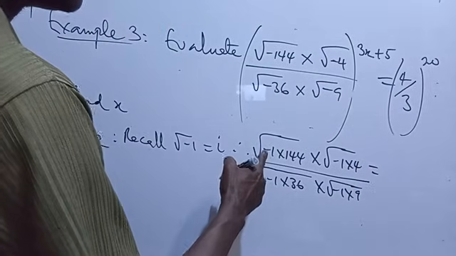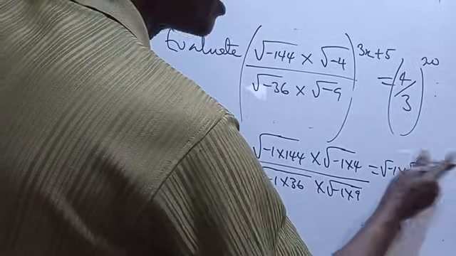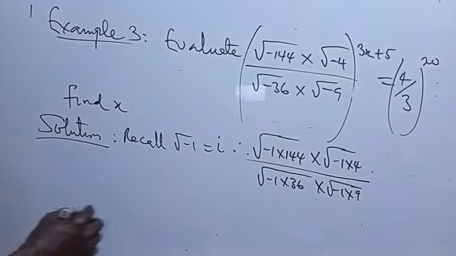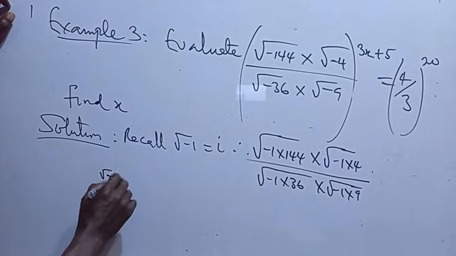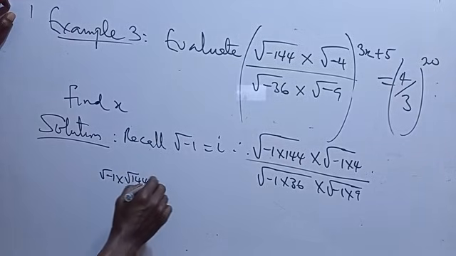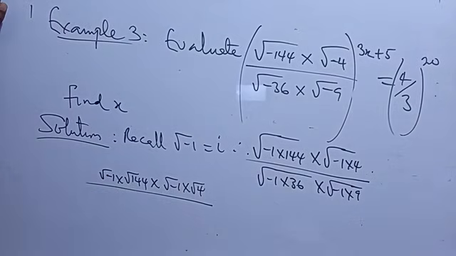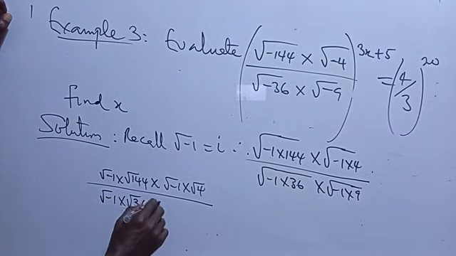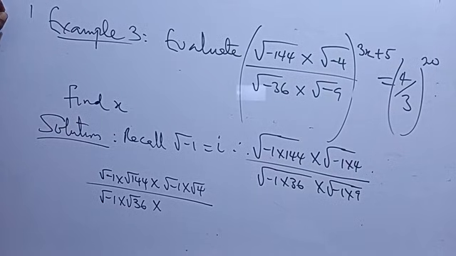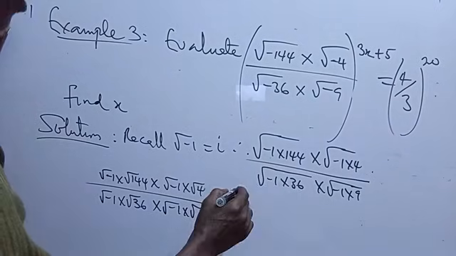If you split it, you have the square root of -1 times the square root of 144, times the square root of -1 times the square root of 4, all over the square root of -1 times the square root of 36, times the square root of -1 times the square root of 9. That is for this, if you split it.